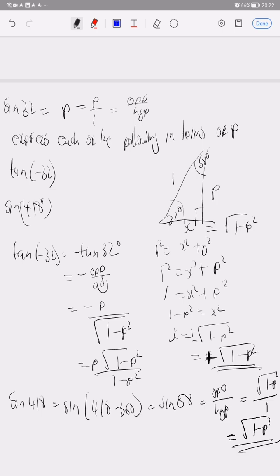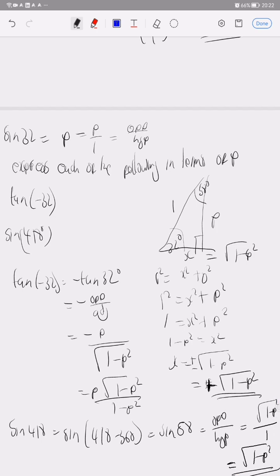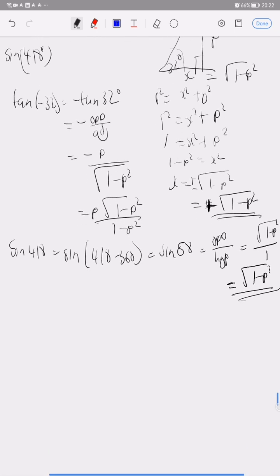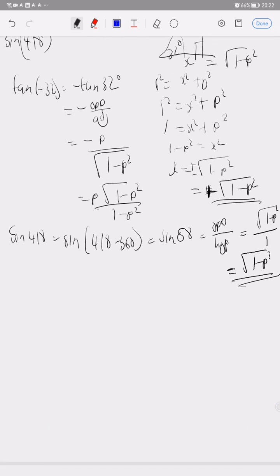The last question, okay, let's have this one. Let's say we have cos of 62 is equal to k.